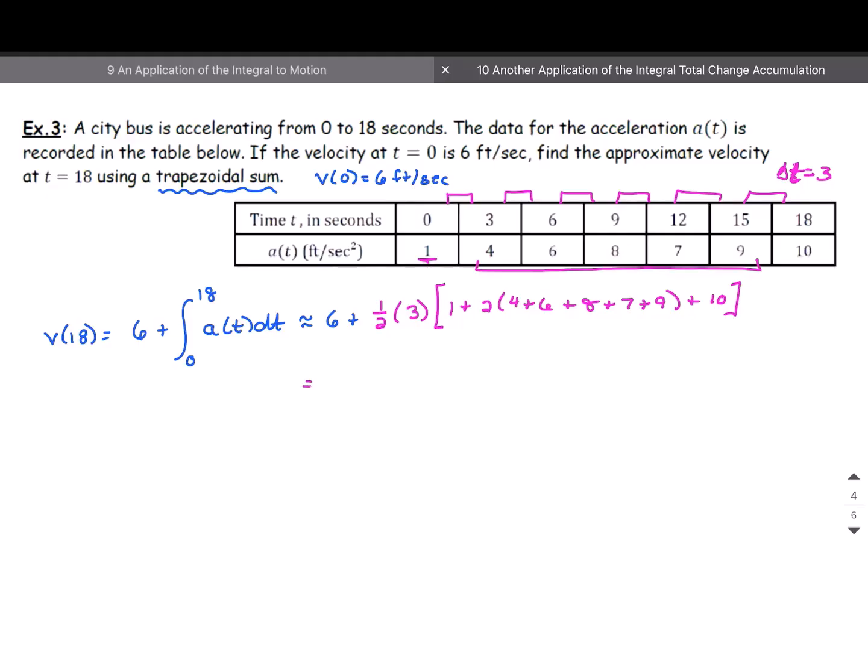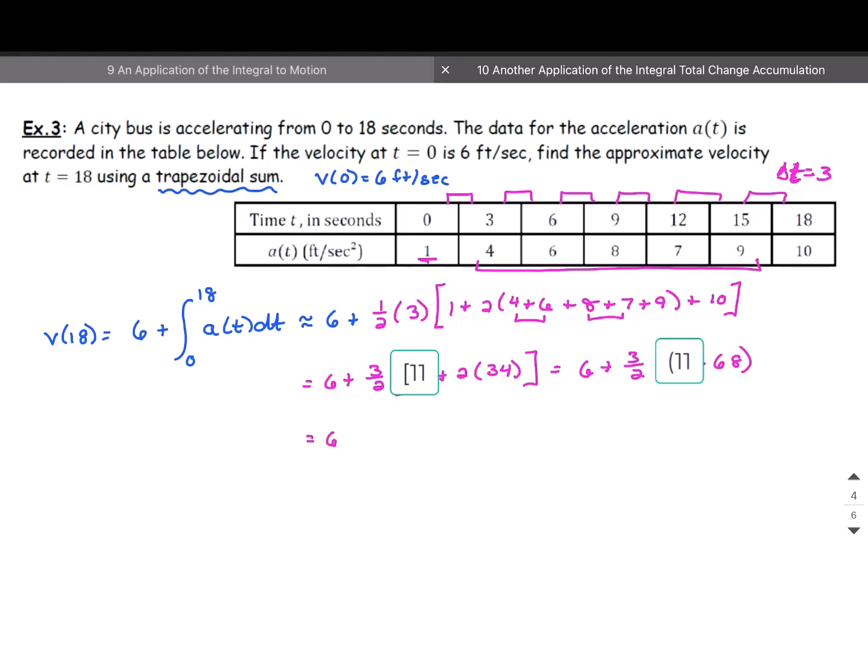So now we have 6 plus 3 halves times 1 plus 10 is 11, plus 2 times, let's see, that's 10, that's 15, so 25 plus 9, that's 34. So we have 6 plus 3 halves times 10 plus 68.